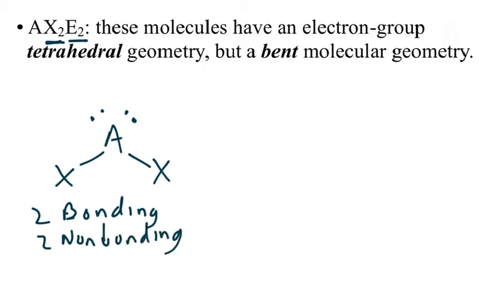Okay? And again, remember that tetrahedral normally has a 109.5 degree angle, but these guys also repel each other. Not only are they repelling over here, they're also repelling each other. They want to get as far apart from each other as possible.